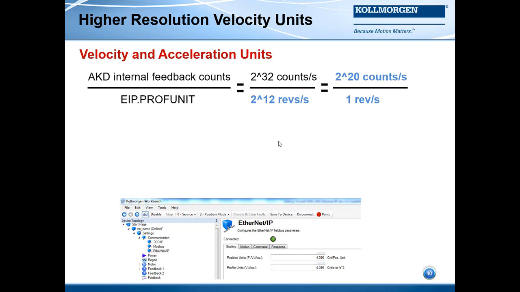So in this case, the value selected is 2 to the 12th, and you'll notice below that that's 4096. By using that scaling, you will achieve 2 to the 20th counts per second in this formula, or possibly 2 to the 20th counts per motor rev for a higher resolution.